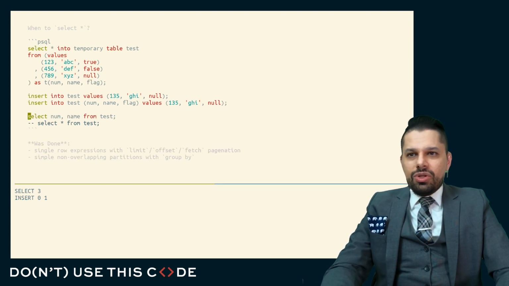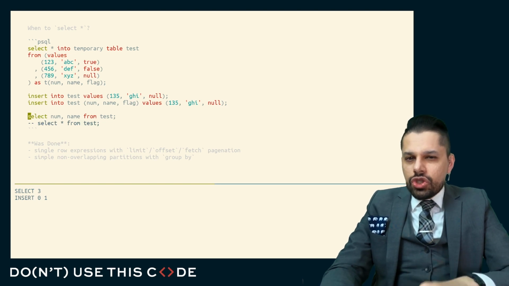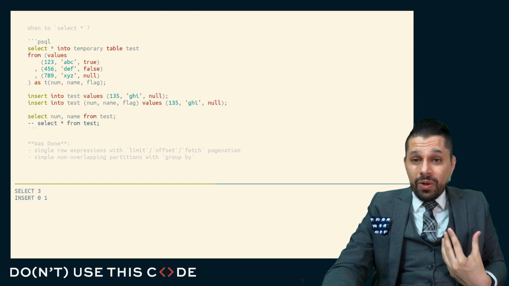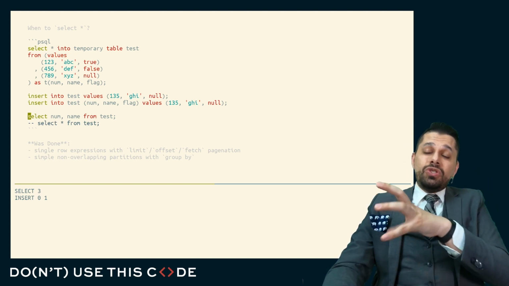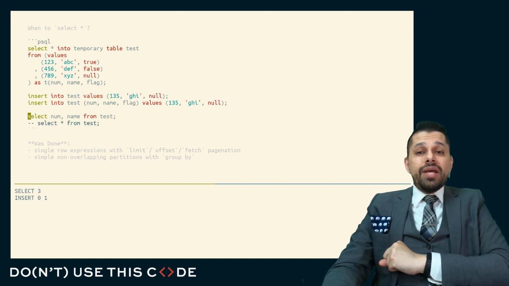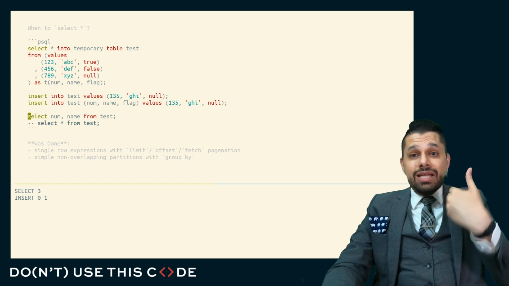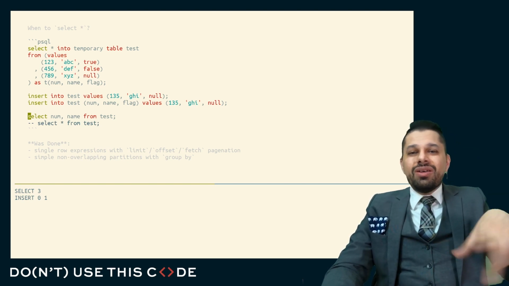In a very similar sense, if I were selecting from this table and I knew for certain what was in this table because maybe it was something that I constructed as part of my query, maybe it was in a common table expression, maybe it was in a subquery, maybe it was using that unnest trick or my select from values trick, I probably don't need to doubly specify which columns I'm selecting because they're already specified somewhere else. And this may be redundant.